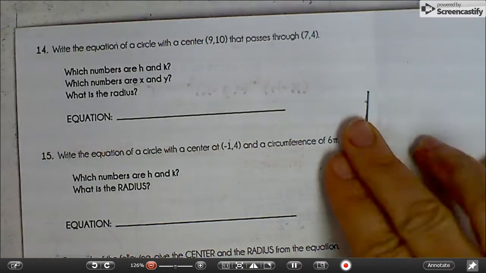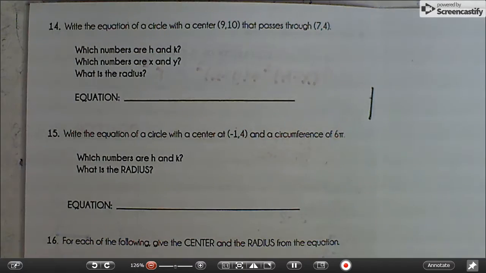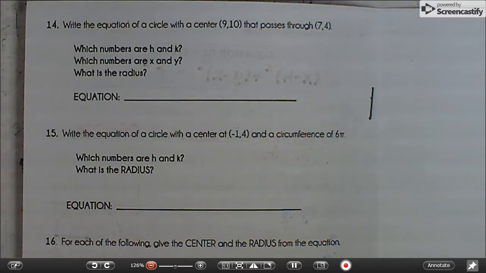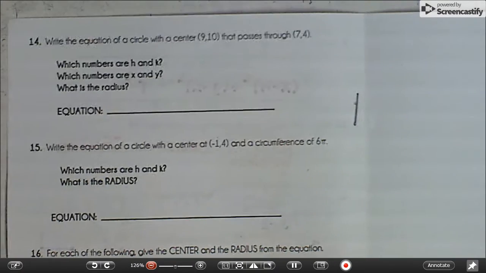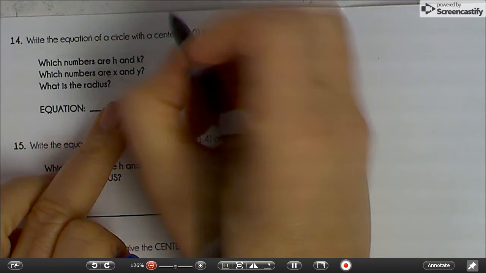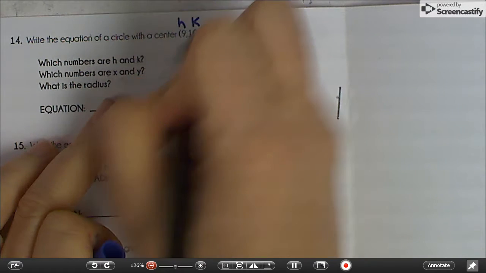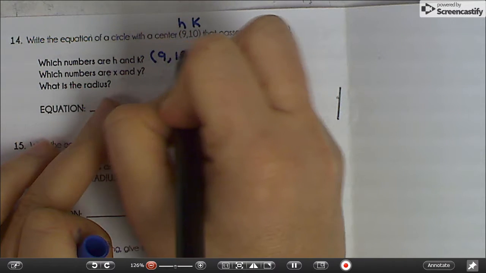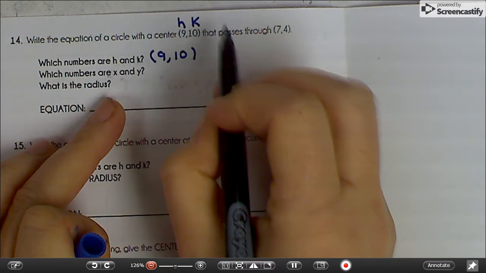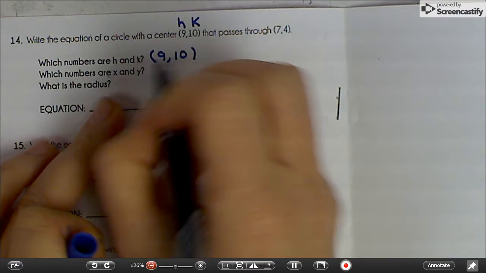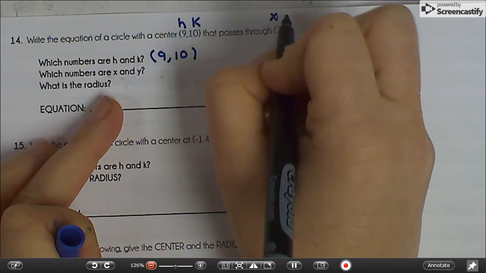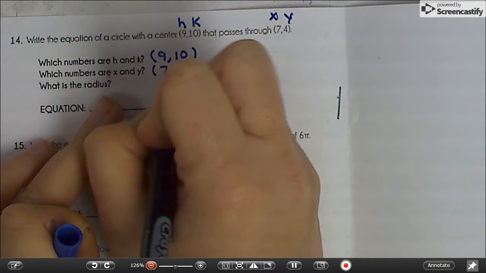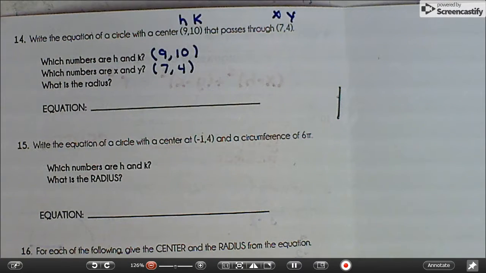We want to write the equation of a circle with a center (9, 10) that passes through (-7, 4). Well, we know h and k because the center is (h, k). If it passes through (-7, 4), that would be our x and our y, because x and y stand for a point on the circle.